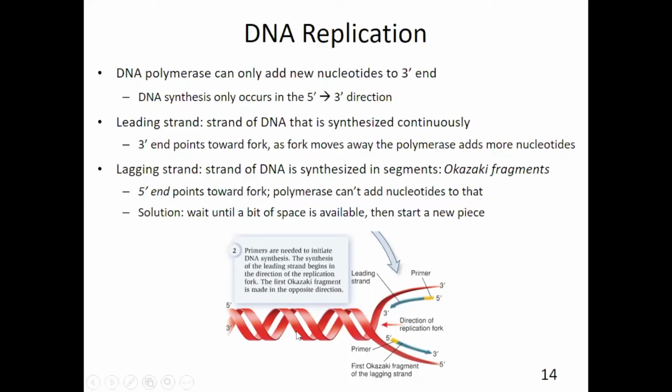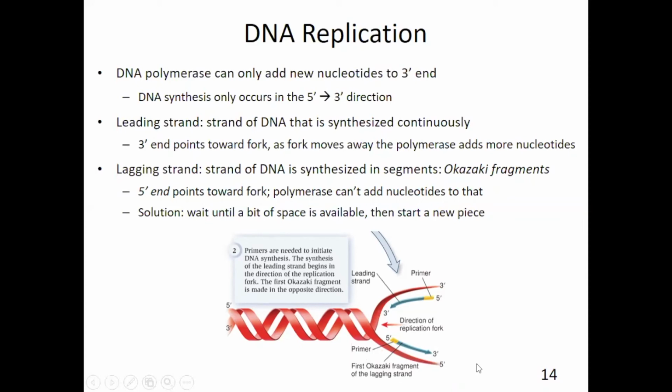But if we look at what's happening on the bottom strand, well, the bottom strand has the 5' end towards the right-hand side. So again, DNA polymerase can only work in one direction. It can only add nucleotides to the 3' end, which means DNA polymerase is synthesizing this bottom daughter strand from left to right.